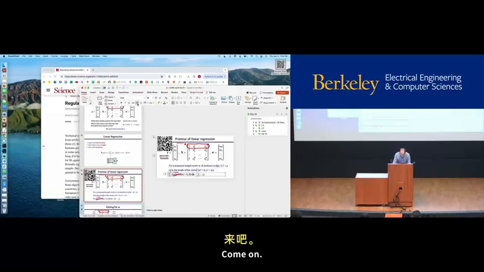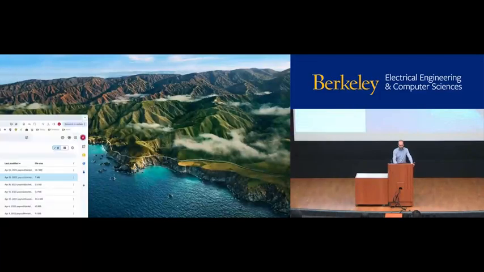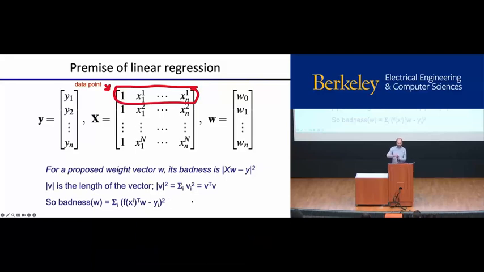There we go. So this whole thing together can also be written H sub W of xi. Okay.